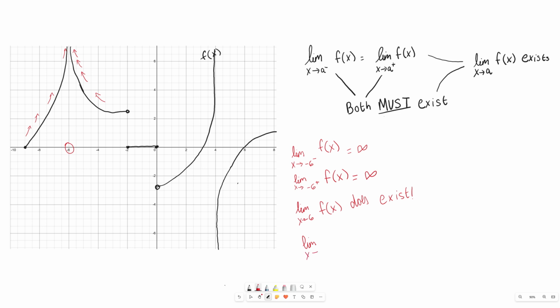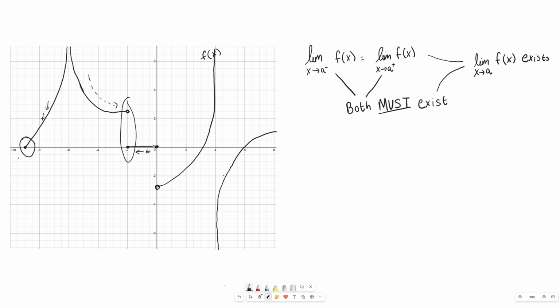The limit as x approaches -6 will literally be what the left and right side equal, which is infinity, which equals the limit as x approaches -6 from the left, which equals the limit as x approaches -6 from the right. Easy.